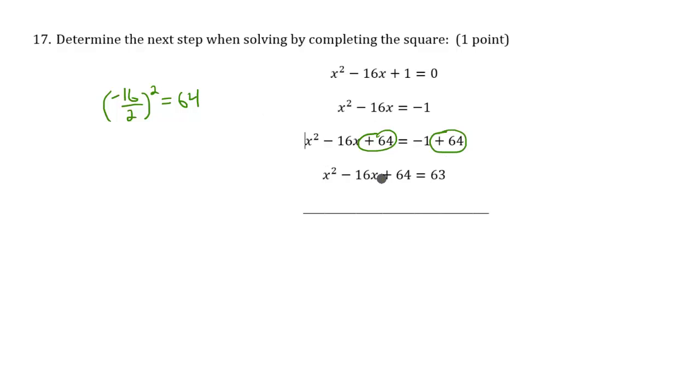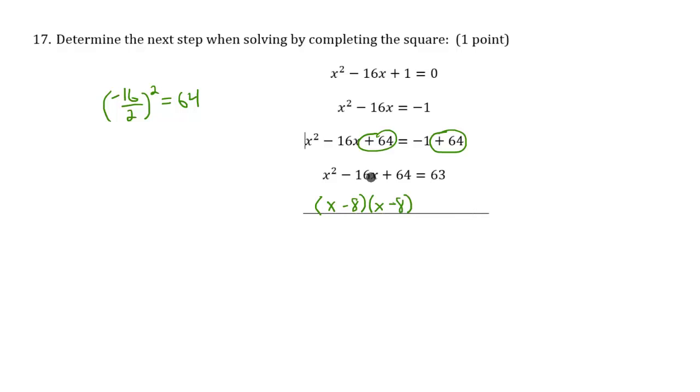Now we have a trinomial here, and that's what we want to factor, just like what I did to finish up question number 16. So we need to figure out two numbers that multiply together to get a positive 64 and add together to get a negative 16. And that number is going to be negative 8. So I'm going to write x minus 8 and then another x minus 8.